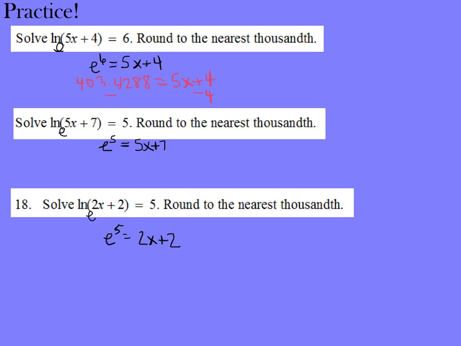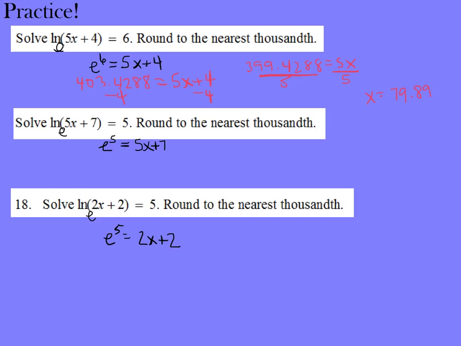That gives me 399.4288 equals 5x. Divide by 5, divide by 5. And that gives me x equals 79.89. And I rounded to the nearest hundredth.